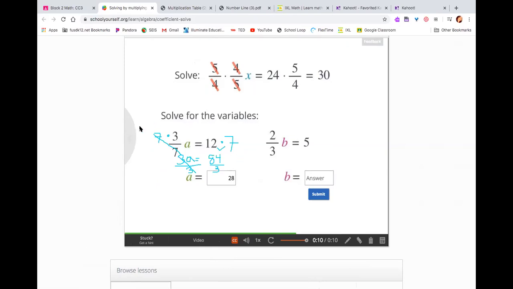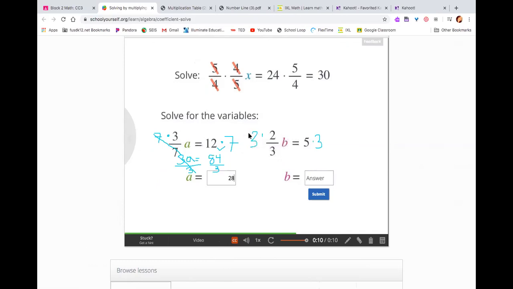Okay. So now that I walked us through with A, I want you guys to help me do B. So I have 2 over 3 times B equals 5. So what am I going to do first? Times 3 on both sides. Yeah. And then what? 5 times 3 is 15. Okay. What about these two 3s?